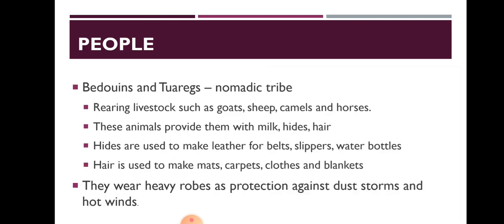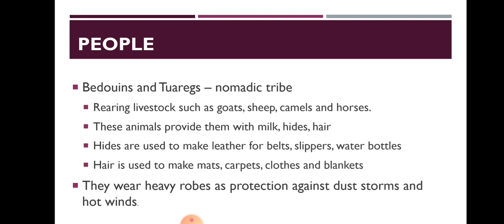The people in Sahara Desert are normally nomadic tribes who are the natives of Sahara Desert and can be categorized into two tribal groups: Bedouins and Tuaregs, rearing livestock such as goats, sheep, camels, and horses.